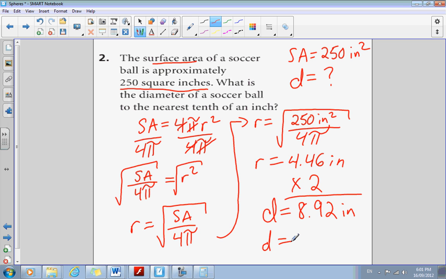But when you're dealing with radiuses and diameters, which are actual measurements, not overall measurements like surface area or volume, we want to be very precise. So let's put 8 and 9/10 inches. This way we're using a fraction, not a decimal, to represent an inch. So we are left with 8 and 9/10 of an inch.